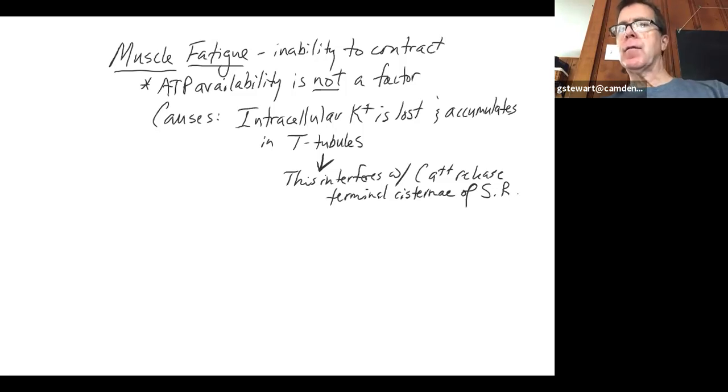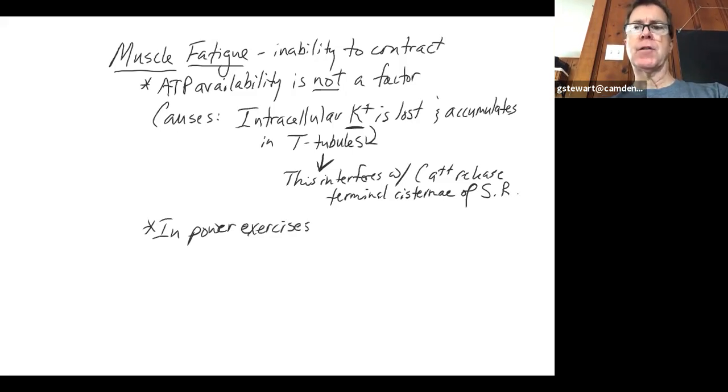So we think that intracellular potassium deficit and going to T-tubules is a serious contributing factor to muscle fatigue. I'm still talking about muscle fatigue. In power short burst exercises, so I'm just going to write power exercises, quite possibly this is what's going on.